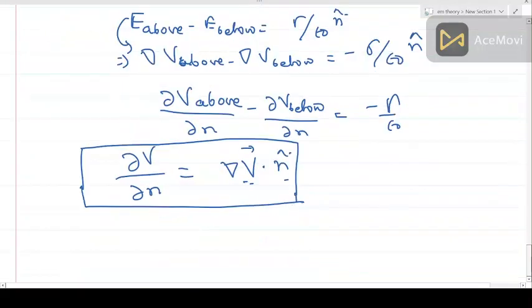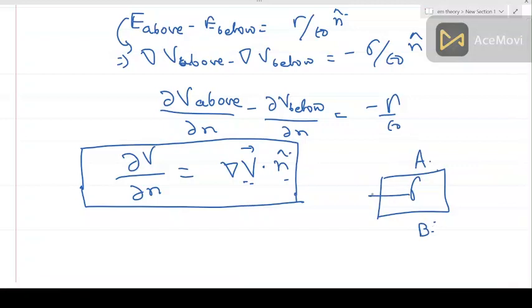It is the same as the situation here. This surface has a surface charge density, and for the above surface and the below surface, the electric field components are different. The parallel component is the same, with no change along this direction, but the perpendicular components above and below differ by a quantity related to the surface charge density. This is a very important situation.